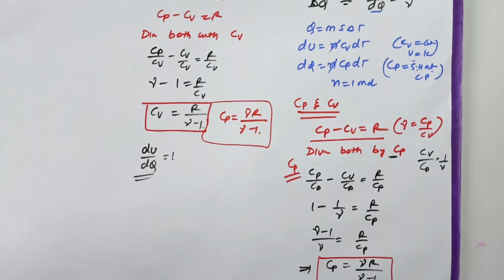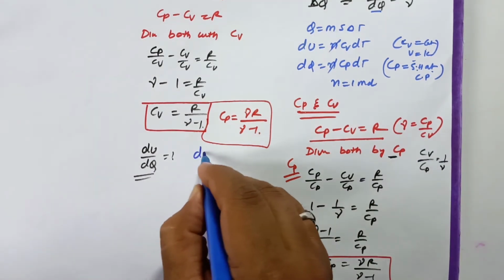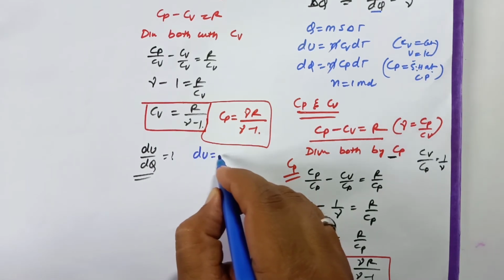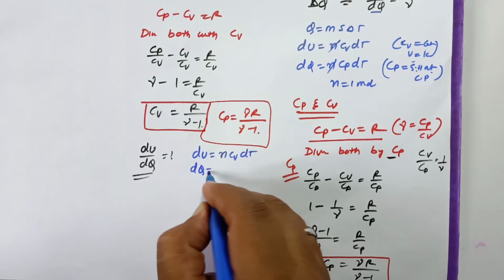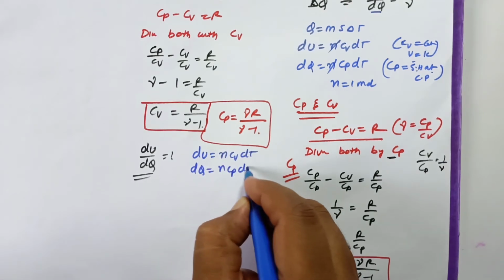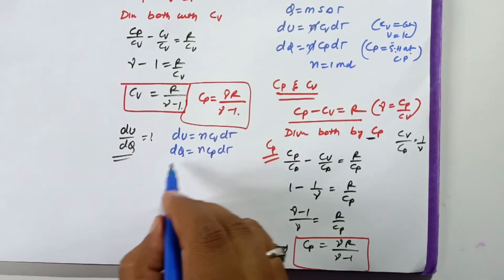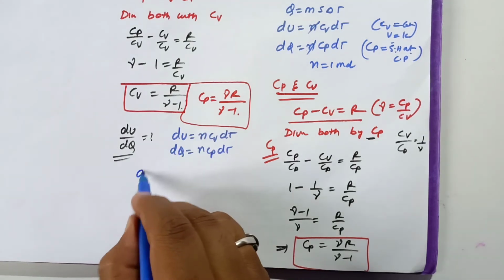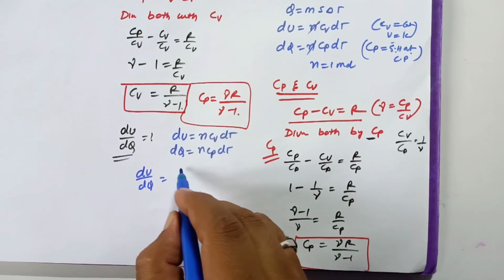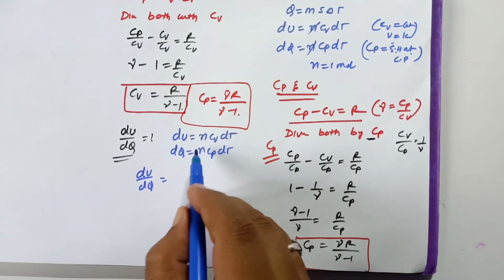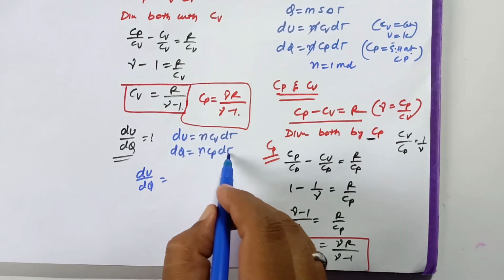Let us see. So you all know dU is equal to n Cv dT and dQ is equal to n Cp dT here. Okay. So dU by dQ you have to write. What are the things going to be cancelled here? So n is going to be cancelled, dT gets cancelled here.